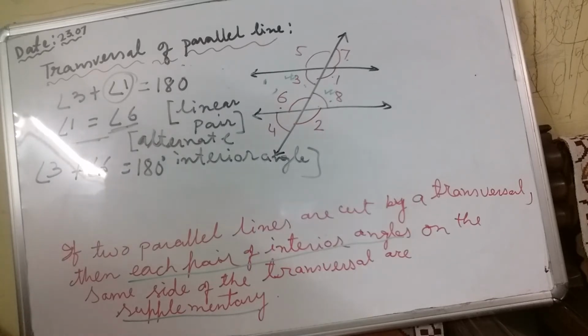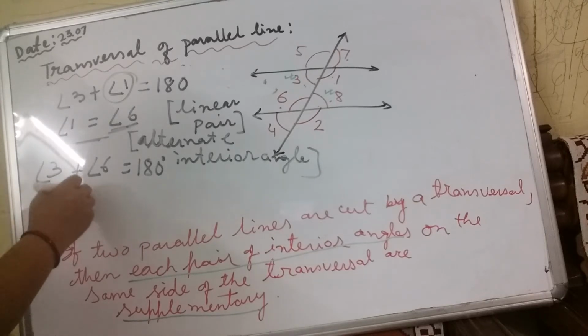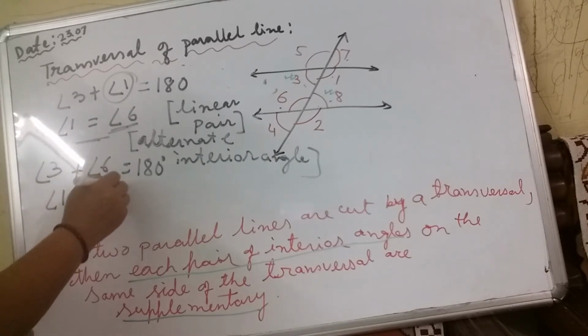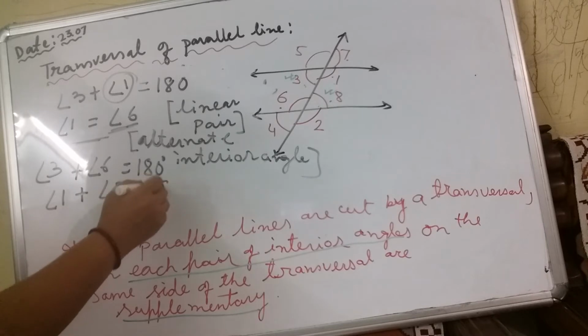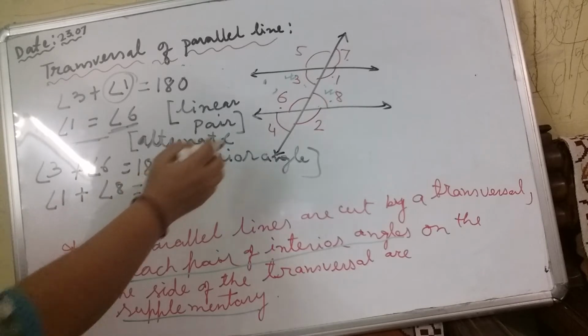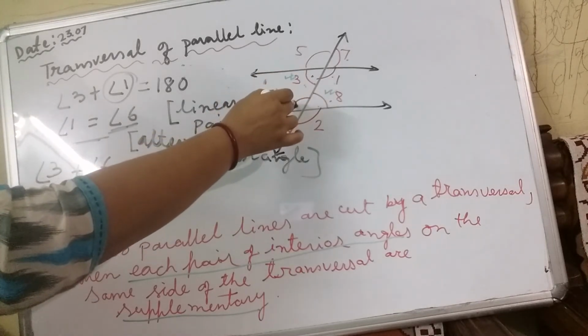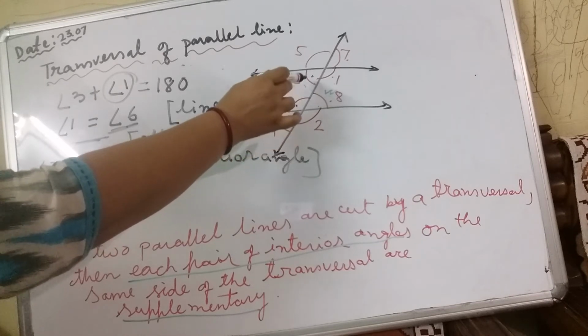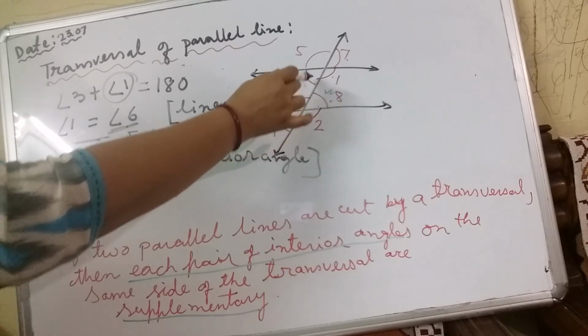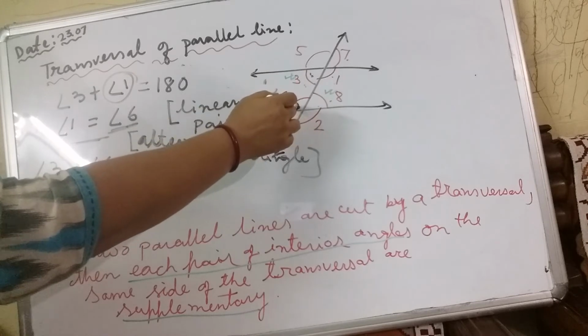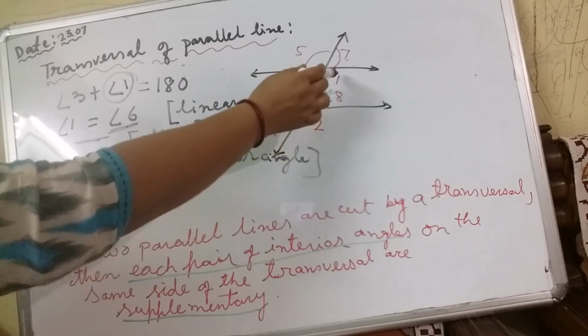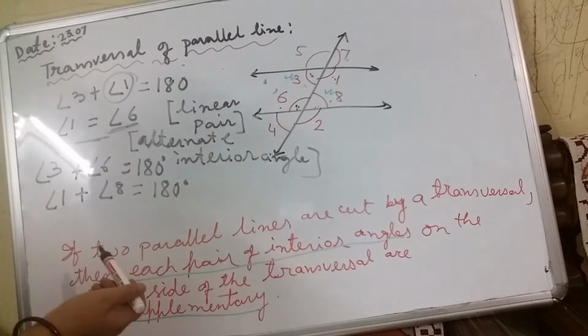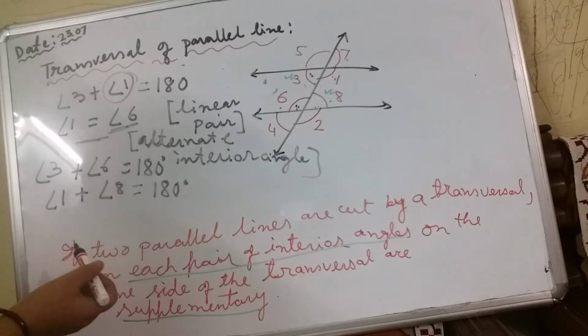In the same way, I can prove that angle 1 plus angle 8 equals 180 degrees. That means if we add this angle and this angle, it is 180 degrees. So angle 3 and angle 6 are supplementary, and angle 1 and angle 8 are also supplementary.